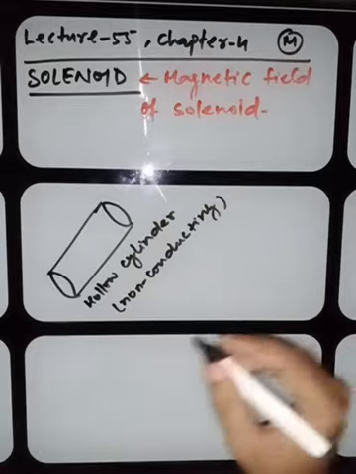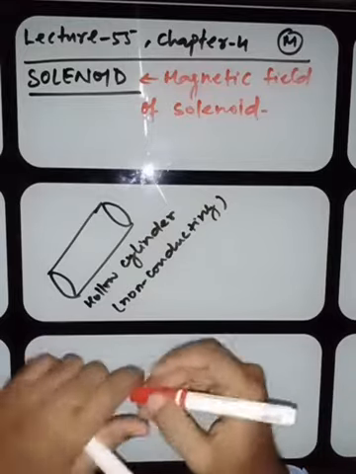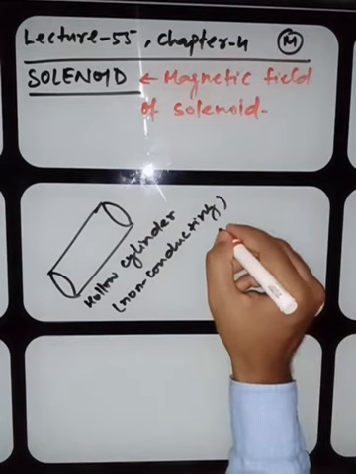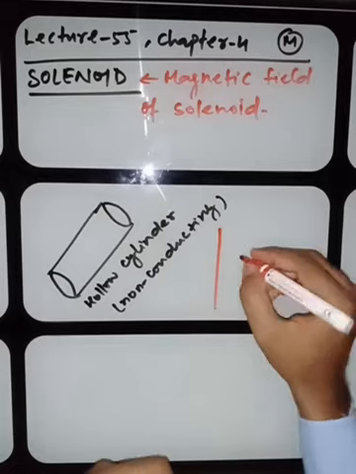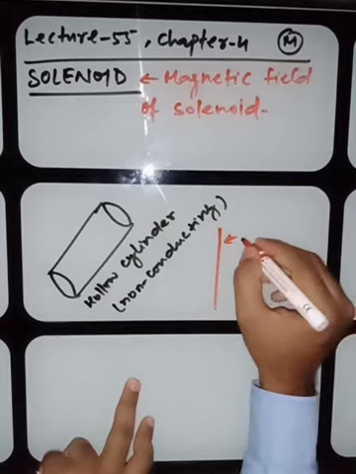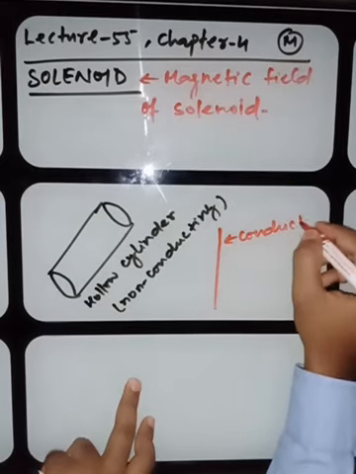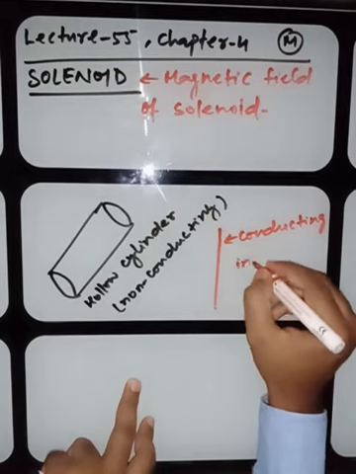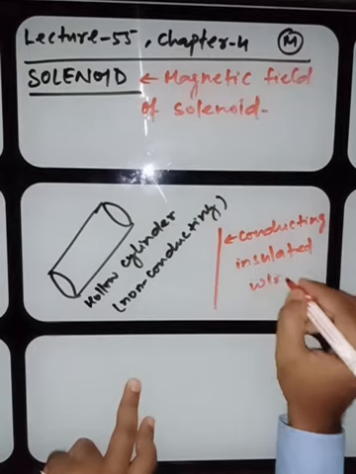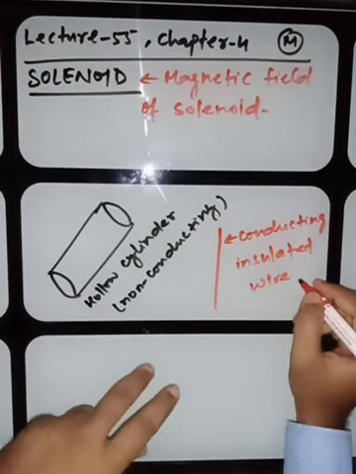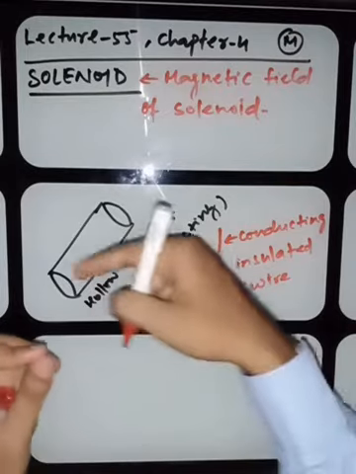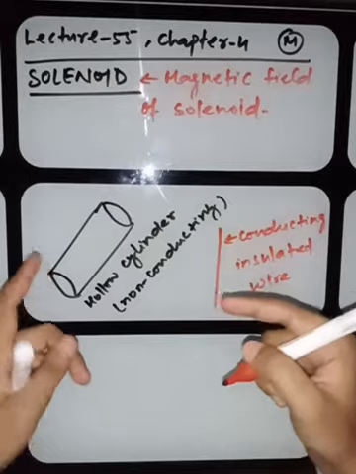The next is a conducting insulated wire of very large length, sufficient because we have to wind this wire over the hollow cylinder.